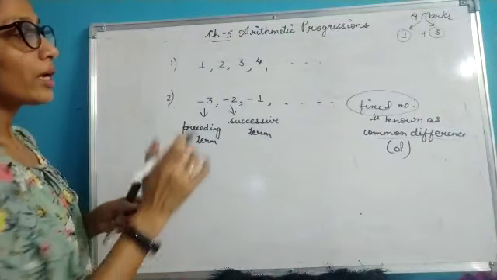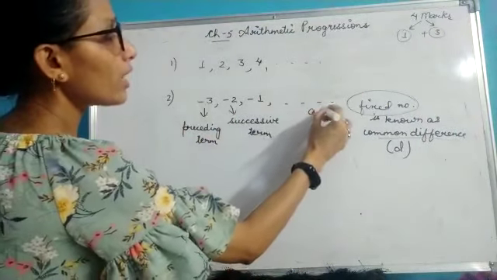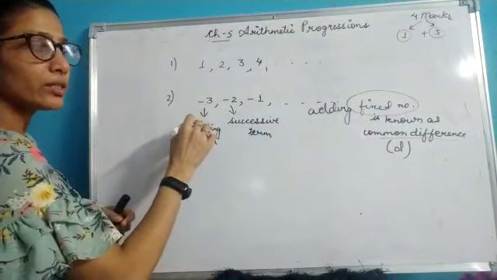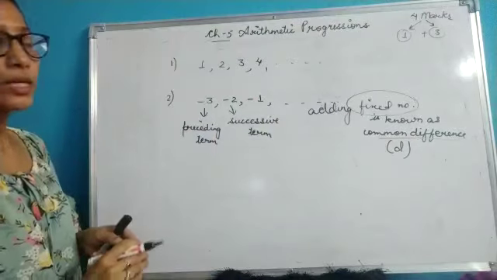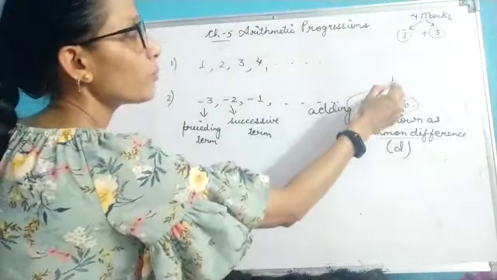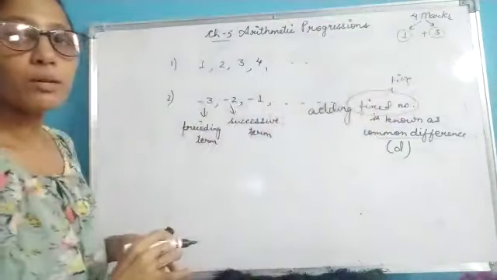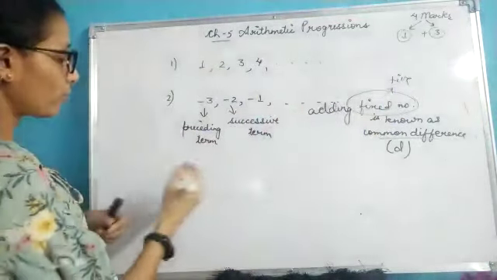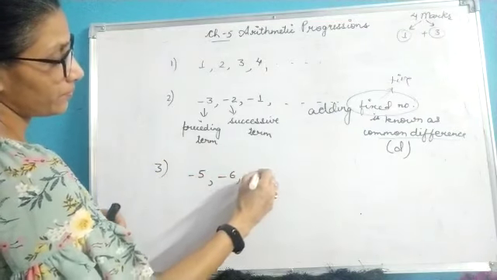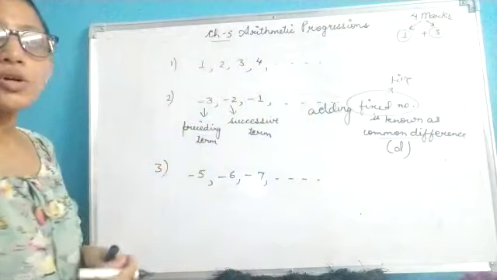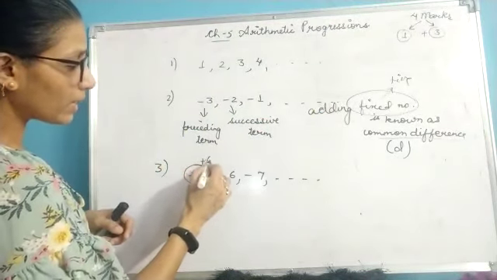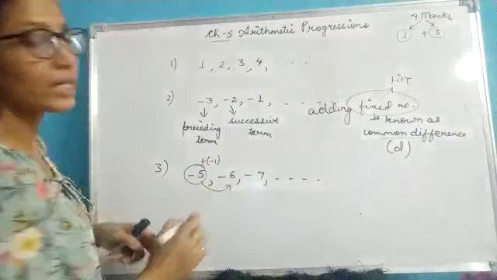Now children, I am saying you are adding some fixed number to the preceding term to get the successive term. It doesn't mean that your fixed number should always be positive. The fixed number can be negative as well. For example, if this is your list of numbers, then you can see here, if I add -1 to it, then I will get my next term.